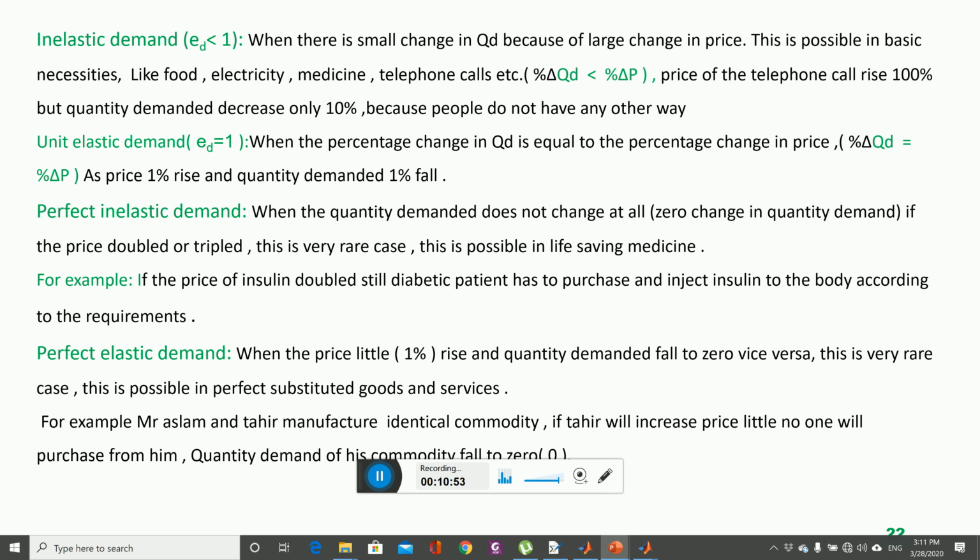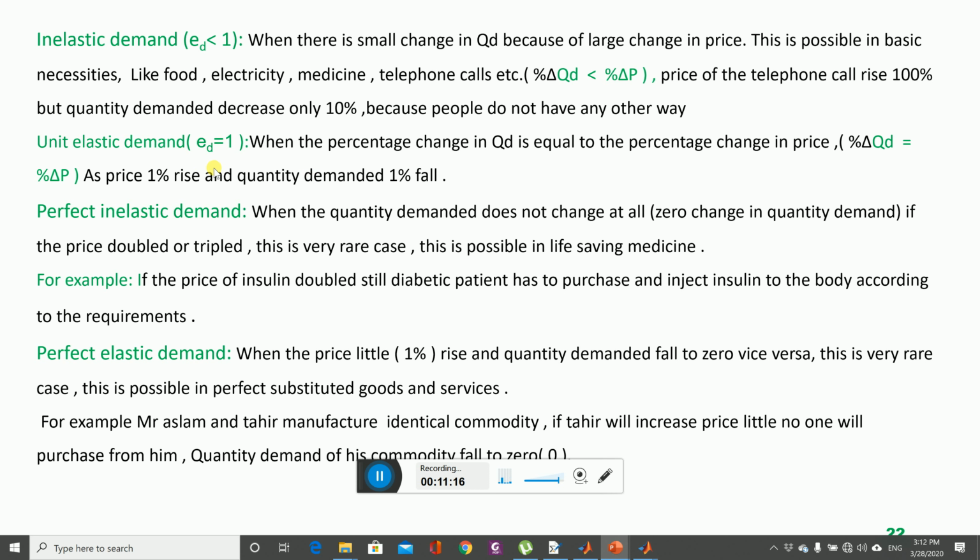So it means inelastic demand is when the demand for any particular commodity changes very little even if the price of that commodity doubles, triples or changes 4 times. This type of commodity and their demand is called inelastic demand. The third one is unit elastic demand.